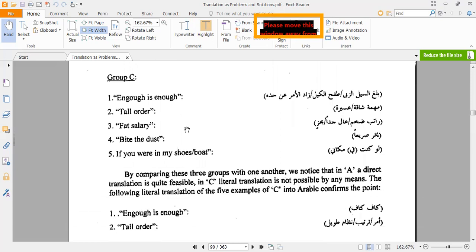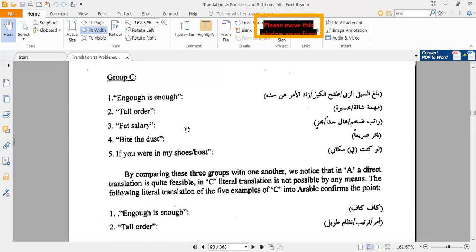Let's look at group 3: enough is enough. Here if I say كاف وكاف, a literal translation, this literal translation does not give any meaning, but we rely on free translation to figure out the intended meaning.